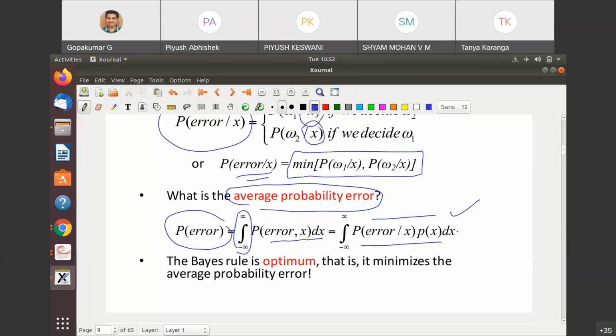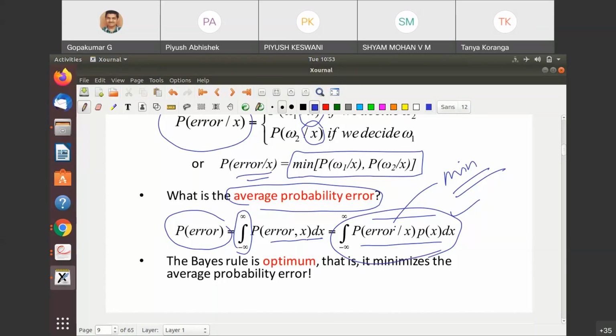Suppose we try to minimize this particular quantity, the probability of error given x. That means for each x, if we minimize the probability of error given x, then the whole quantity will be minimized, because we are considering all the possible feature vectors x.